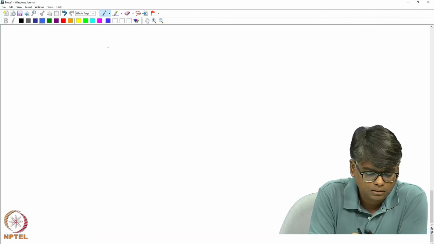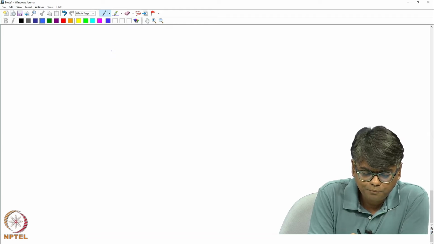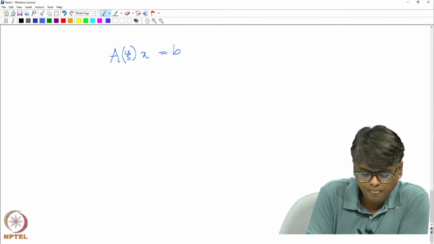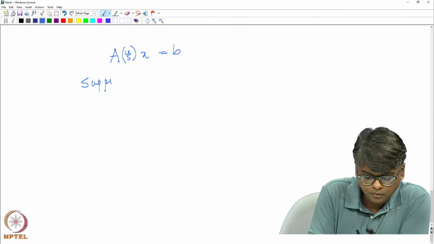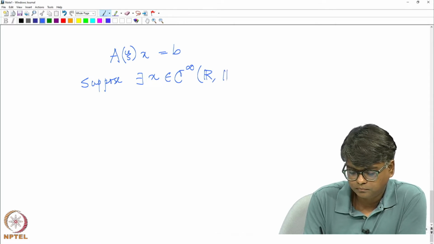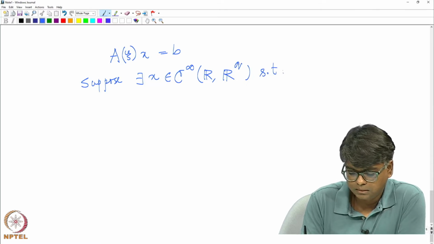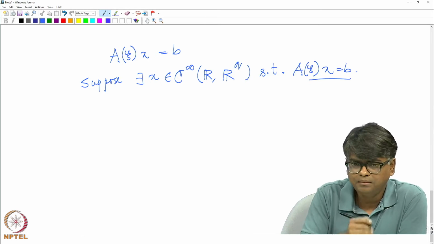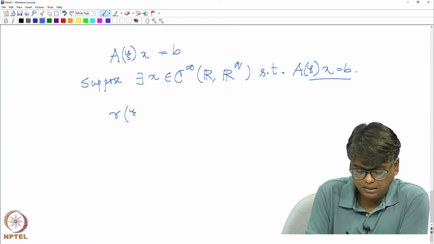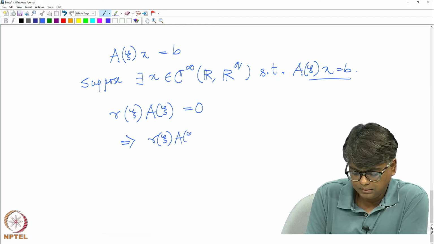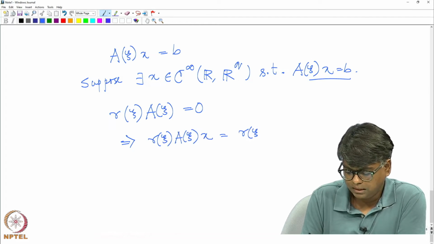Well, one direction is easy. Suppose A psi x is equal to B is solvable, that is, suppose there exists an x in C infinity such that A psi x is equal to B. Then if you take any r xi such that r xi a xi is equal to 0, that obviously means r xi a xi x is equal to r xi b.